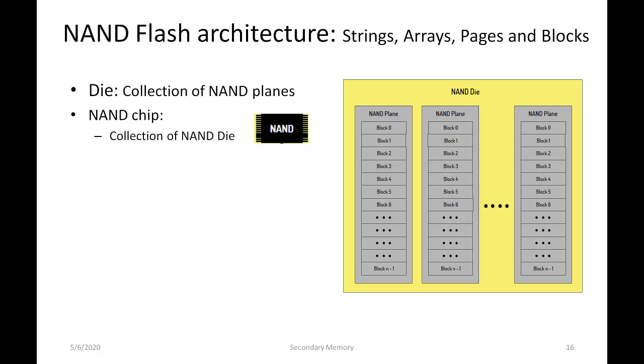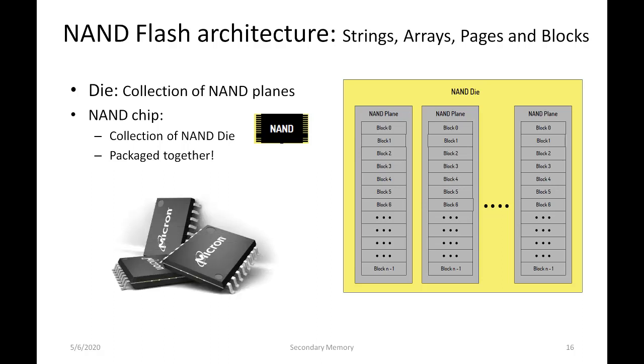Here is a pictorial representation of the NAND. All these NAND dies are packed together, and here is a more realistic picture of a NAND chip with all its pins drawn out. In the suggested material that I'm going to share with you today, skip section 6, in which they specifically discuss how these NAND dies are formed into a single chip.